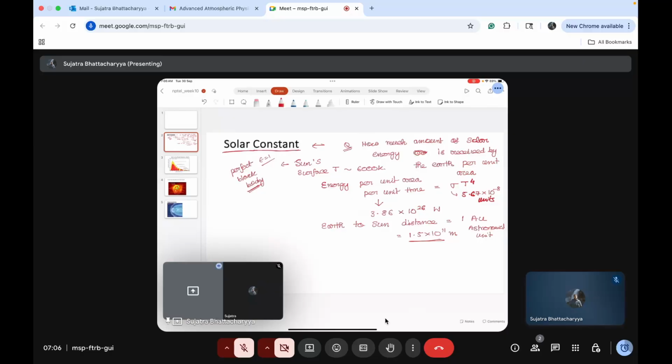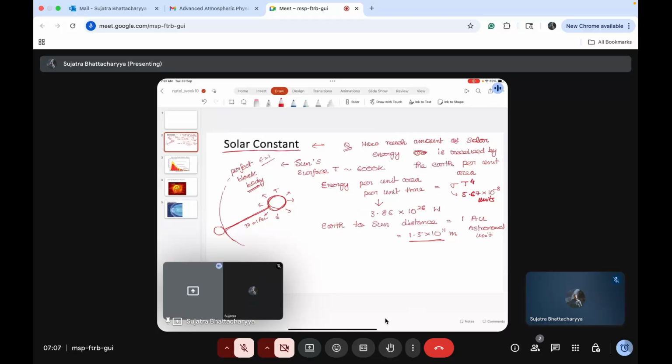Now, if you have the sun here radiating in all directions, and the earth is at a distance r, equal to one astronomical unit, then per unit area, you cover the entire area, which will be 4 pi r square, the surface area of a sphere with radius as the distance between the sun and the earth. That is the amount of solar energy received per unit area of the earth.